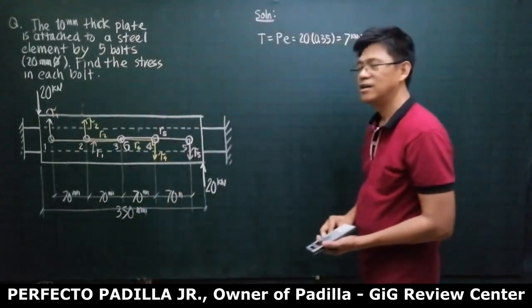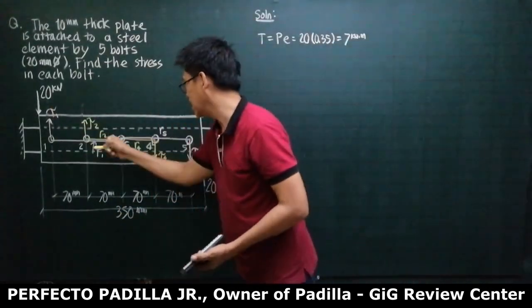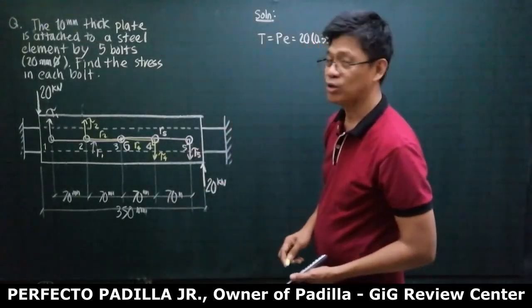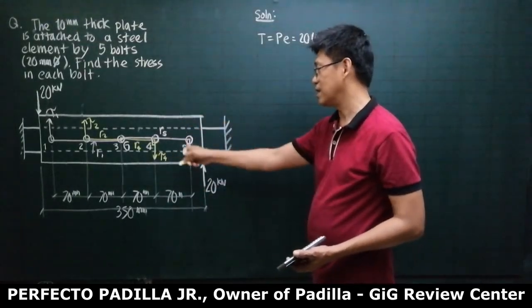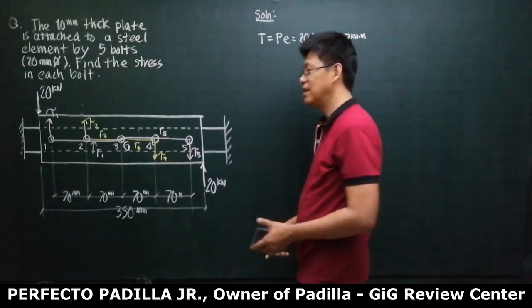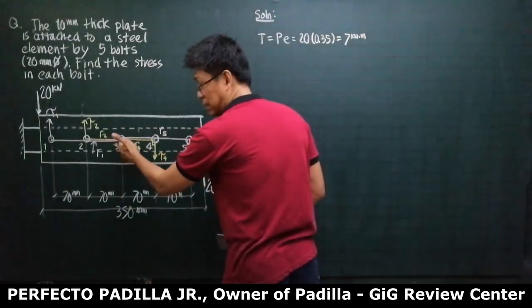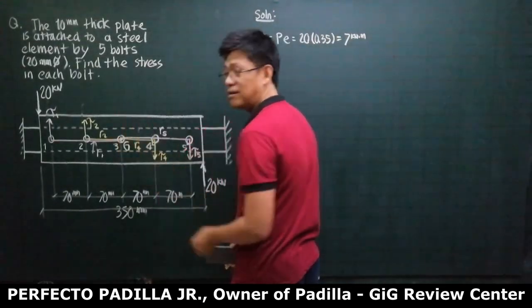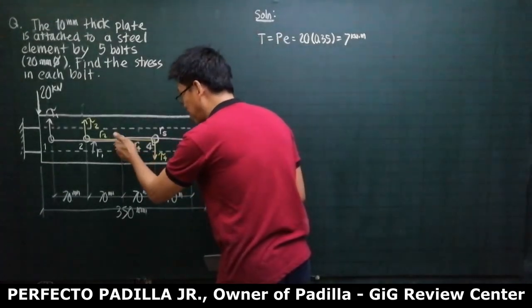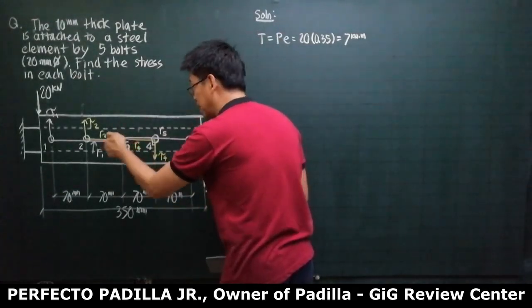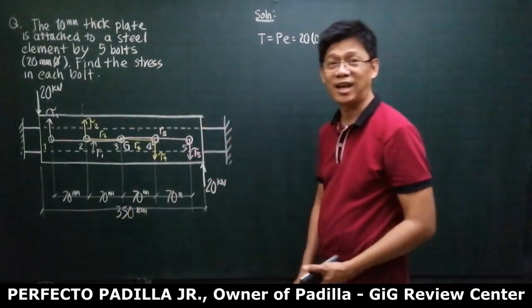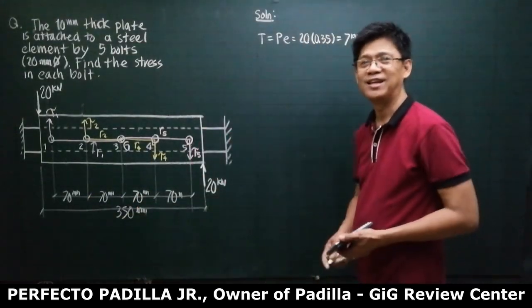You get it? So, notice that R1 and R5 are equal. So, it follows that tau 1 and tau 5 are equal. You get it? And the distance of bolt 3 from the centroid is 0. So, meaning the stress at point 3 is 0 because it is at the neutral axis or global centroid.